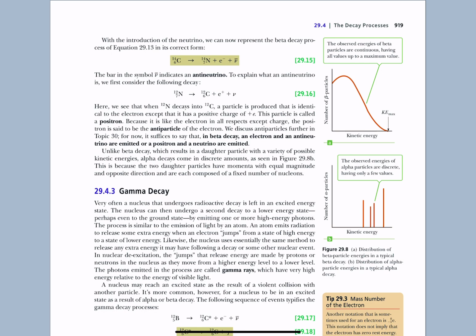Now, the story gets even more interesting, because sometimes, instead of neutrinos, we get something that seems to be just the opposite of a neutrino. And just like we now know that there are positrons that are sometimes emitted, that are just like an electron in every way, shape, and form, except they have the opposite charge, a positive charge, so there are particles that are the opposite of a neutrino.